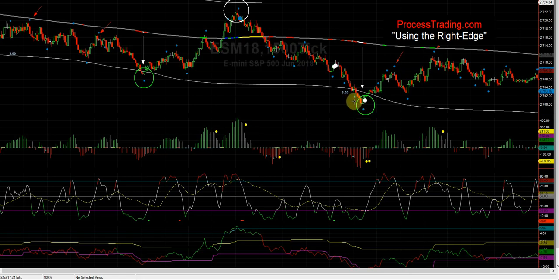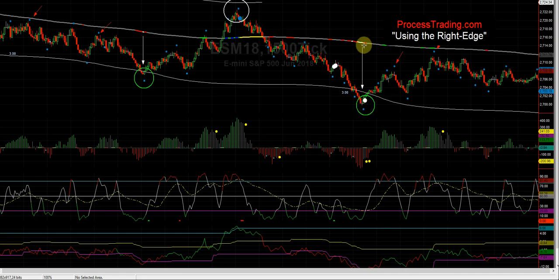Now, we had white right here, and we had a timing alert dot, except that the previous bar wasn't lower than the low of the bar with the timing alert dot, so we could not take that. Here we have a timing alert dot, and the previous bar is a small amount lower, so this is a valid trade.